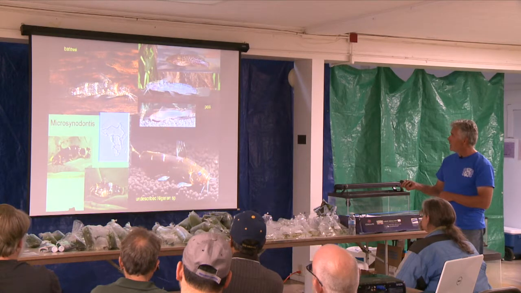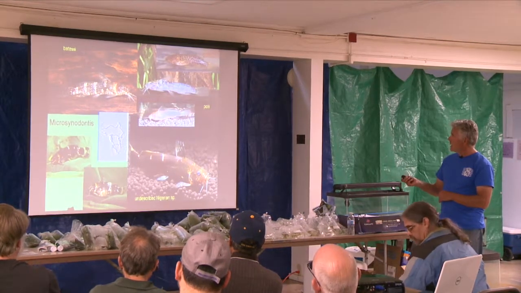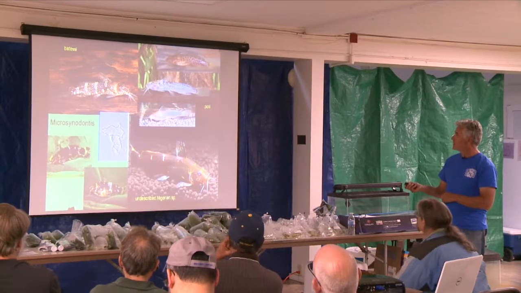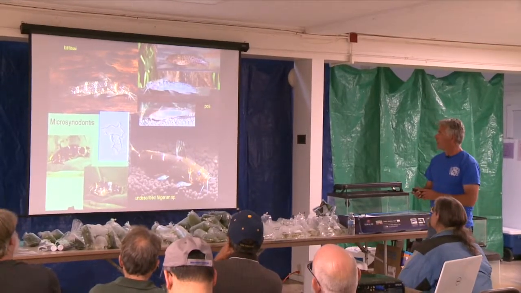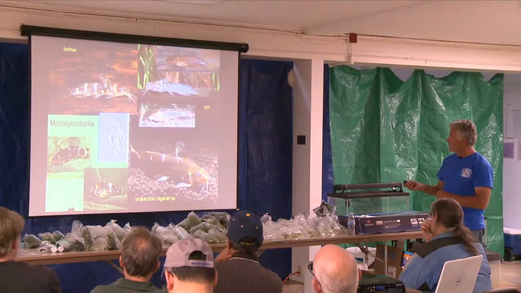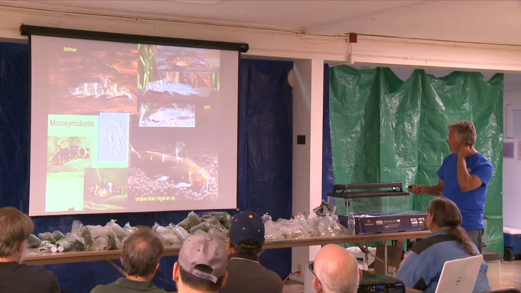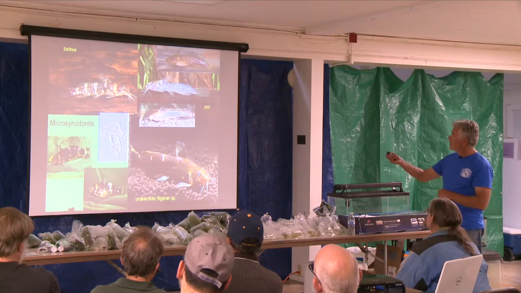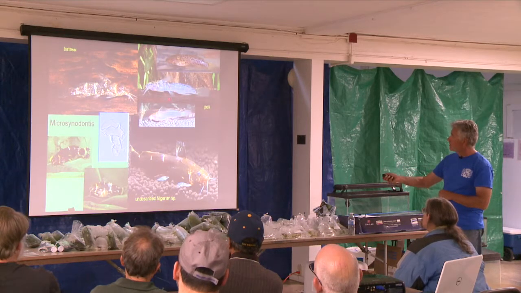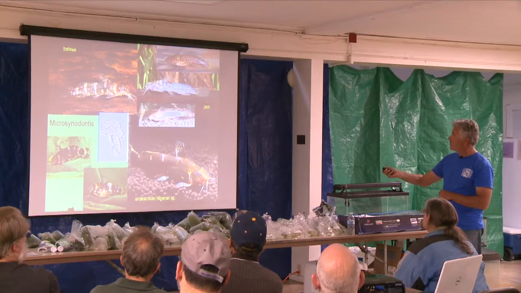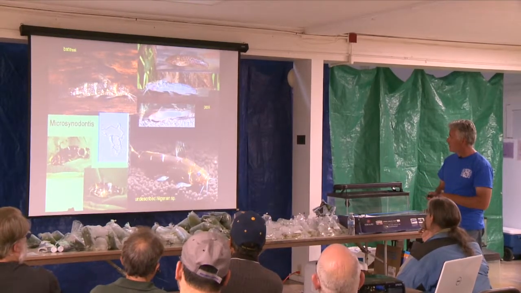This poly here is the next most common microsynodontis out there. This one was about 2.5 inches long. The males can get really long and thin looking. You get them like this with this kind of solid pattern, but they can also be spotted. Most of the time you see them spotted, like that upper one.